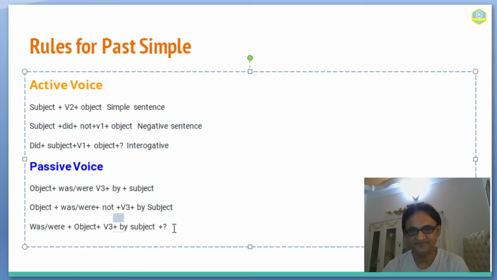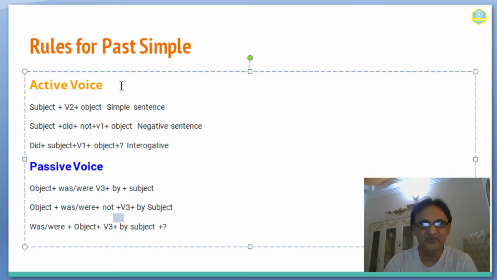So friends and dear students, you have to check the formulas before making sentences. That will be easy, and that is my advice to you.